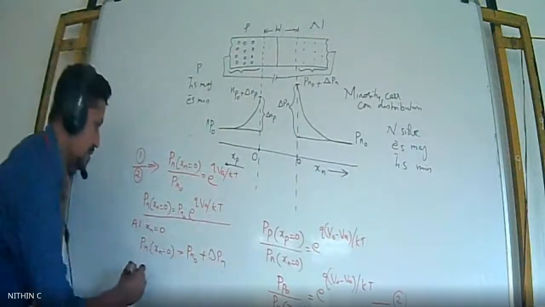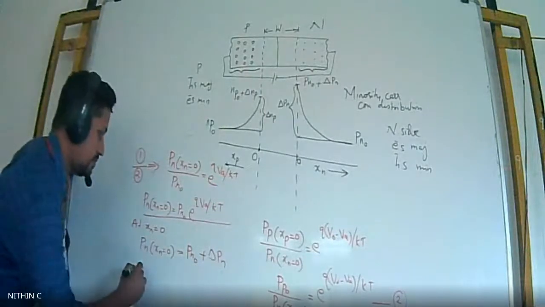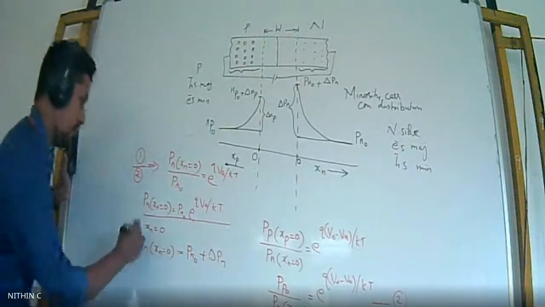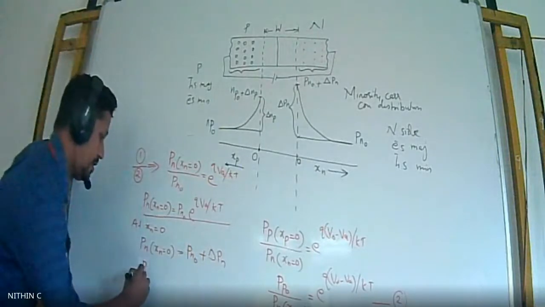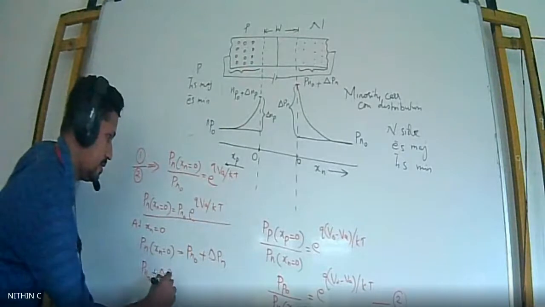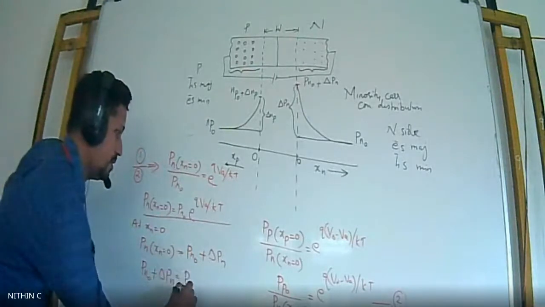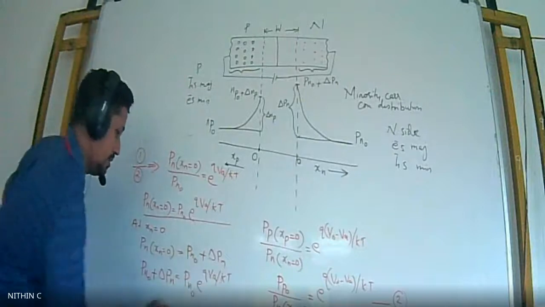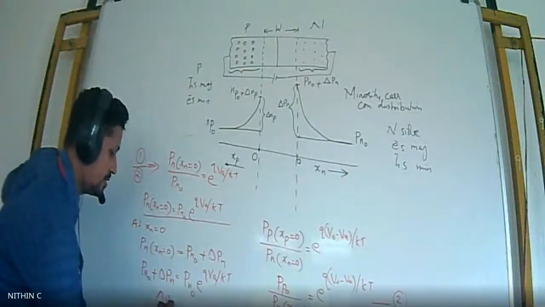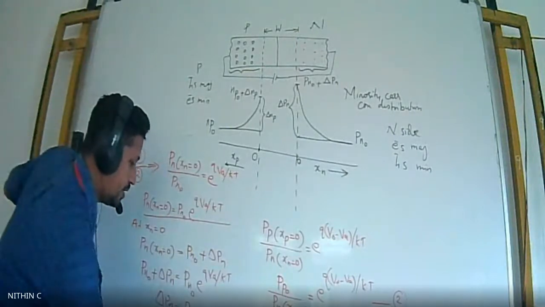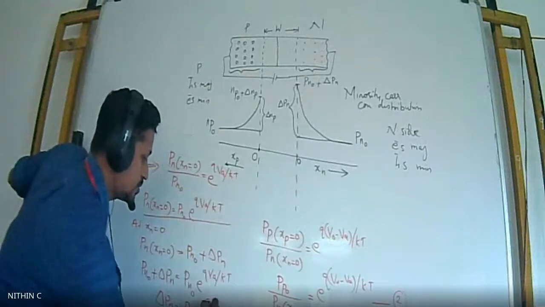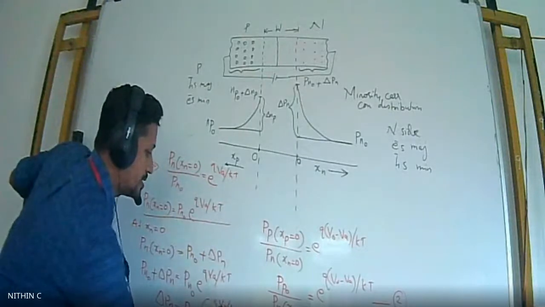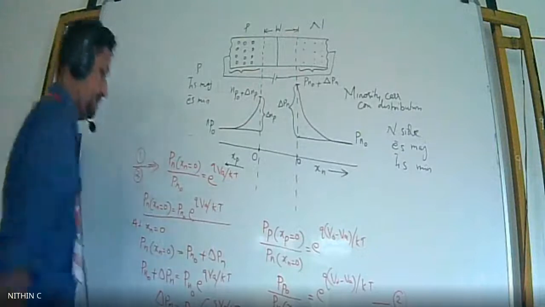Okay, so you can write it as Pn0 plus delta Pn is equal to Pn0 e raised to qVa by kT. That is, delta Pn is equal to Pn0, taking common, into e raised to qVa by kT minus 1.